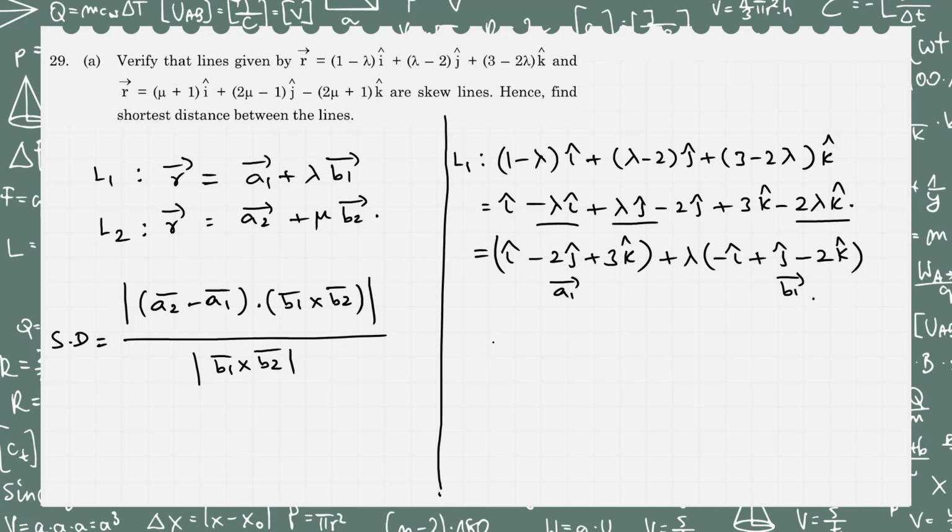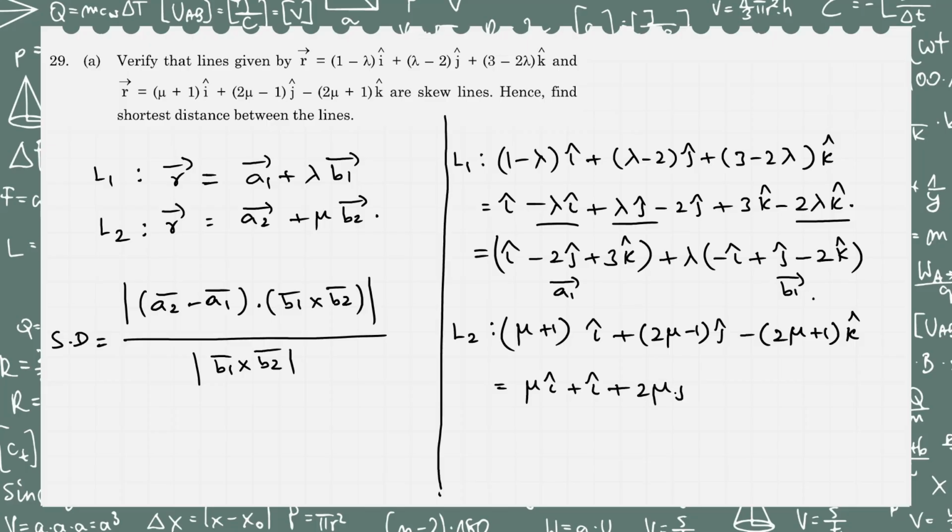And for line 2 also we need to do the same. Mu plus 1 i vector plus 2 mu minus 1 times j minus 2 mu plus 1 times k. We can open this like mu i cap plus i cap plus 2 mu j cap minus j cap minus 2 mu k cap minus k cap. Here also we need to separate out the mu terms and non-mu terms.